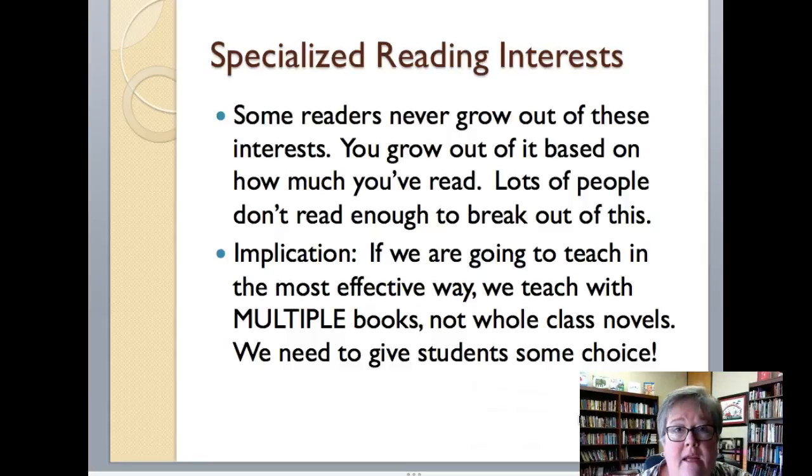Here are a variety of books that you're going to read in small groups, maybe using literature circles or guided reading. And then you're also going to have a free choice book, a book that you choose on your own to read. But if we only ever teach using the whole class novel approach where everybody is reading the same thing, we're not taking into account these specialized reading interests. So we need to be aware of that.